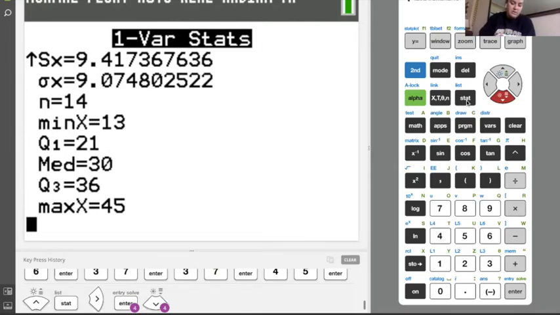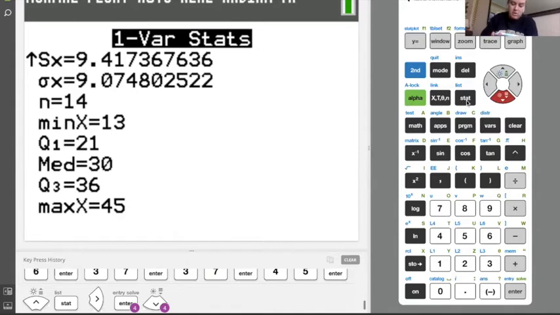So then the range is going to be 45 minus 13. And so that would give us 32. And then our IQR is going to be 36 minus 21.